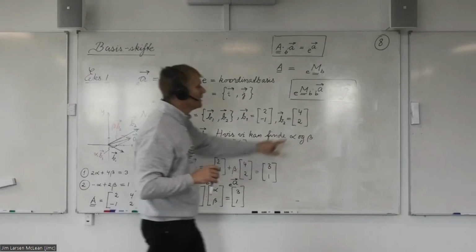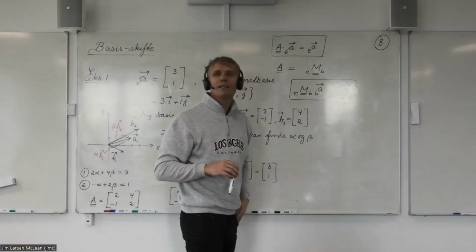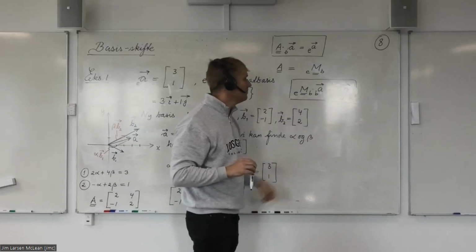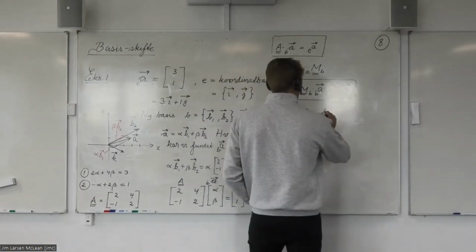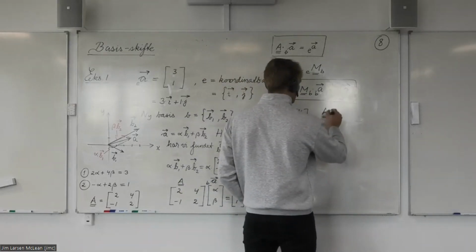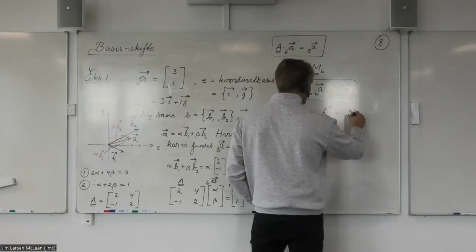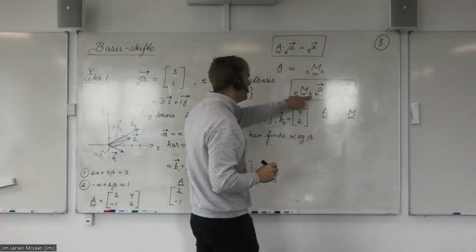What I was looking for was that in B coordinates. Well, then we just use what we learned last time. We use the inverse matrix. We multiply this equation by the inverse of that one. So this matrix, which is our inverse, is a basis change which goes from E coordinates to B coordinates.